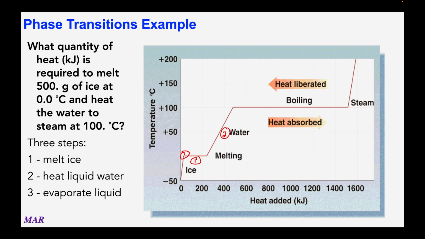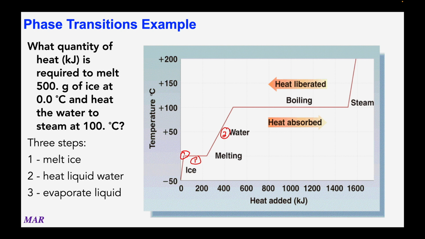That's going to be the energy required to take the liquid water at 0 Celsius and turn it to liquid water at 100 Celsius. So number 2 is going to be Q equals mc delta T. We'll use the mass of water times 4.184, the specific heat capacity, times the delta T, which will be 100 minus 0, to figure out what that value is going to be.